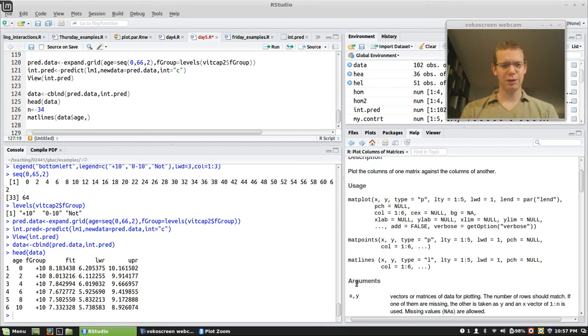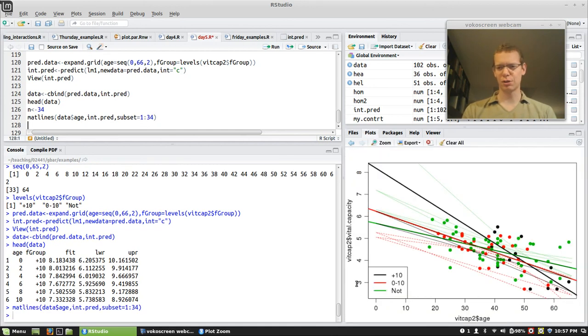And then we have, let's just take the entire thing, int.pred, to see what this does. Basically what we want is to do a subset, which is 1 through 34. This is the last part, I think, doesn't work.